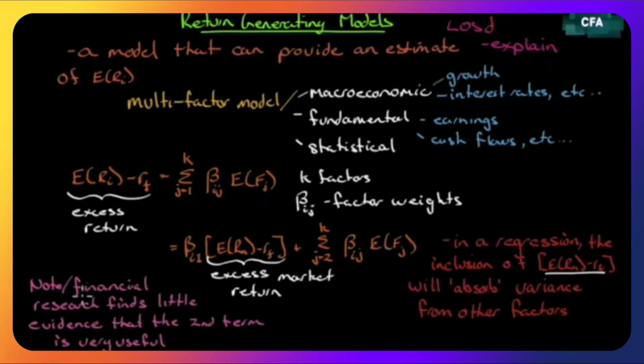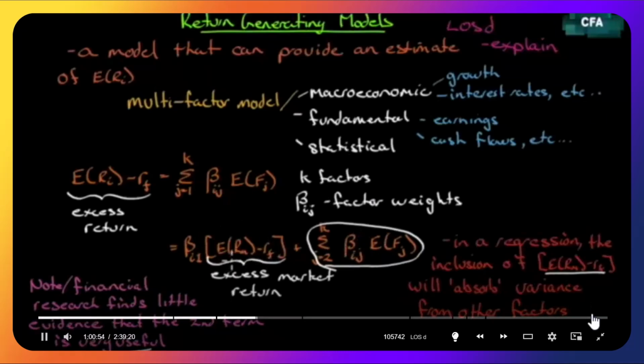And here's the deal. Financial research finds little evidence that the second term, this all over here, is very useful. In fact, if you start with a multi-factor model and you use one of your factors being the market model, whatever other factors you add end up explaining very little of the variance.